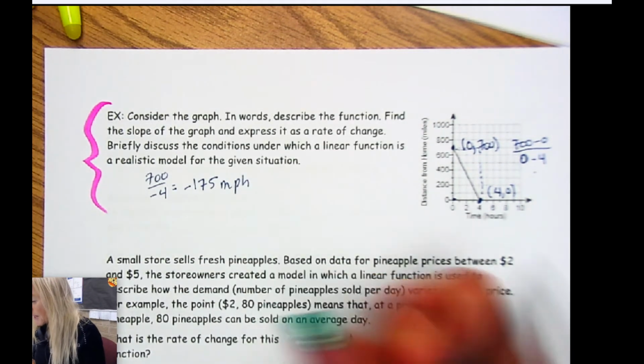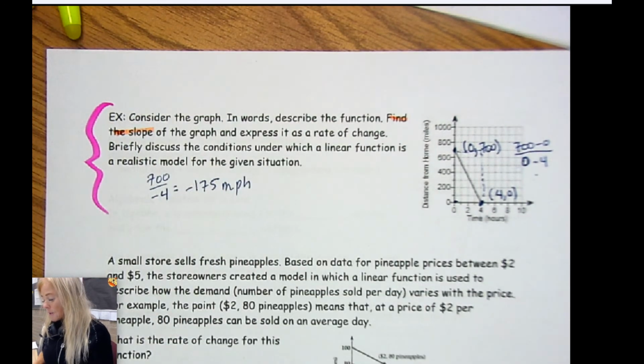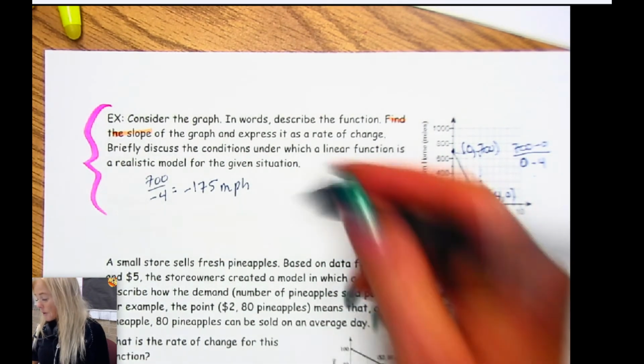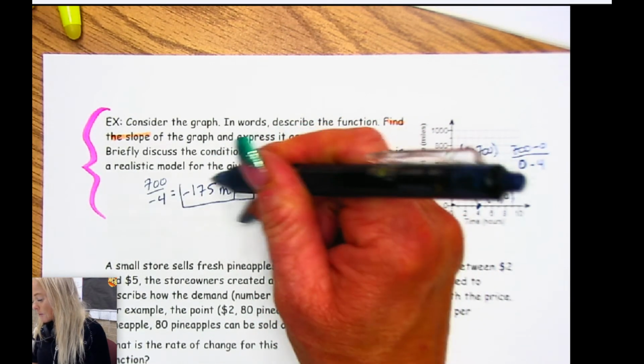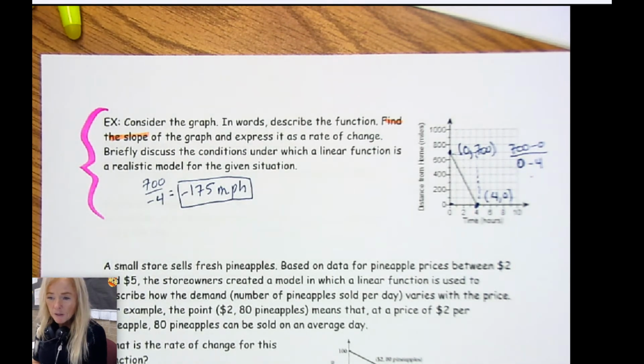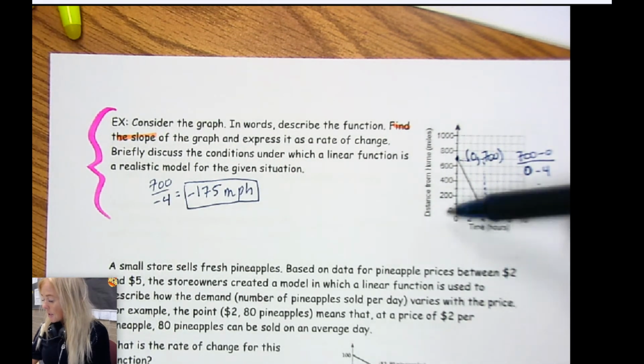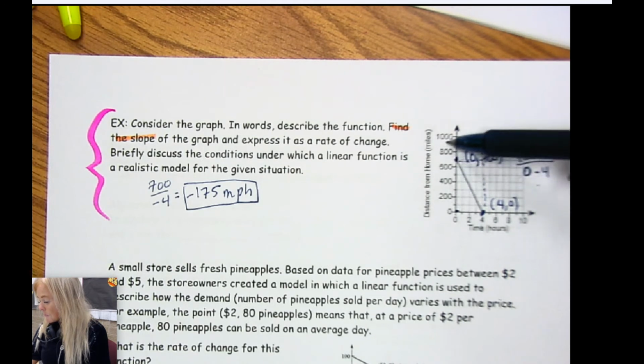Okay? So it asks us to find the slope. We did that. We found it to be negative 175 miles per hour. All right, and you're expressing it as a rate of change. And then briefly discuss the conditions under which a linear function is a realistic model for the given situation. So what's happening here is time is passing, so time's getting greater, and the distance from home is moving up this way.